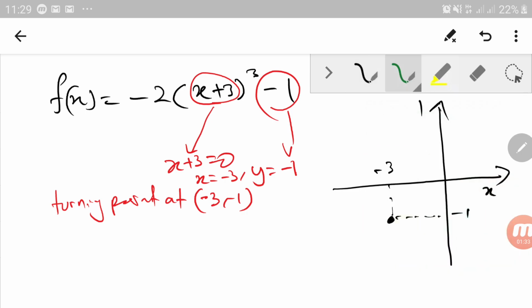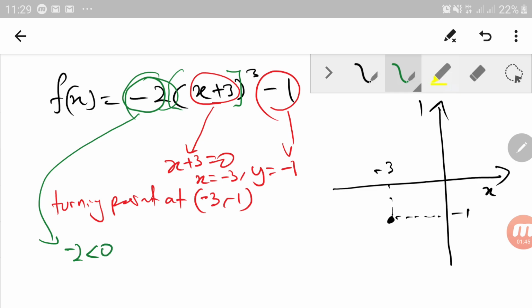We look at the coefficient of the bracket cubed, which is minus 2. Since minus 2 is less than 0, the curve is something like this. So this is our point, and we continue with that.